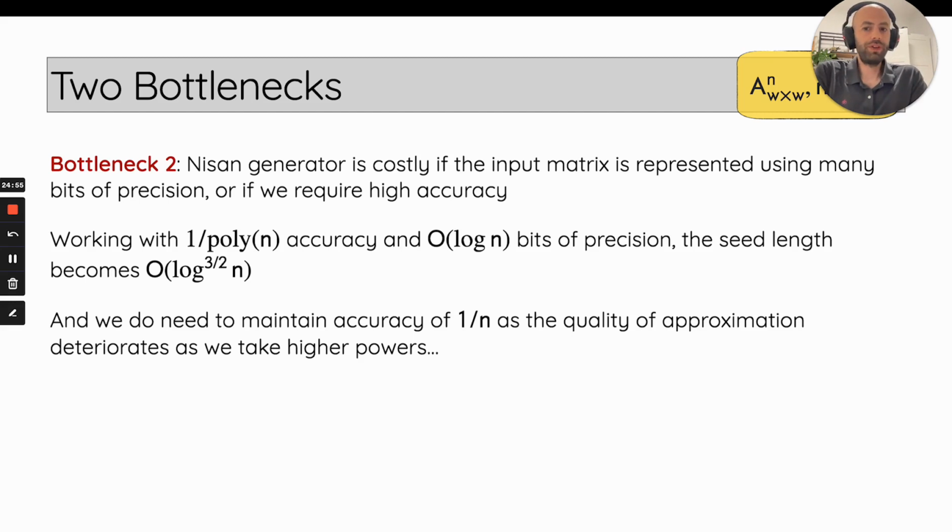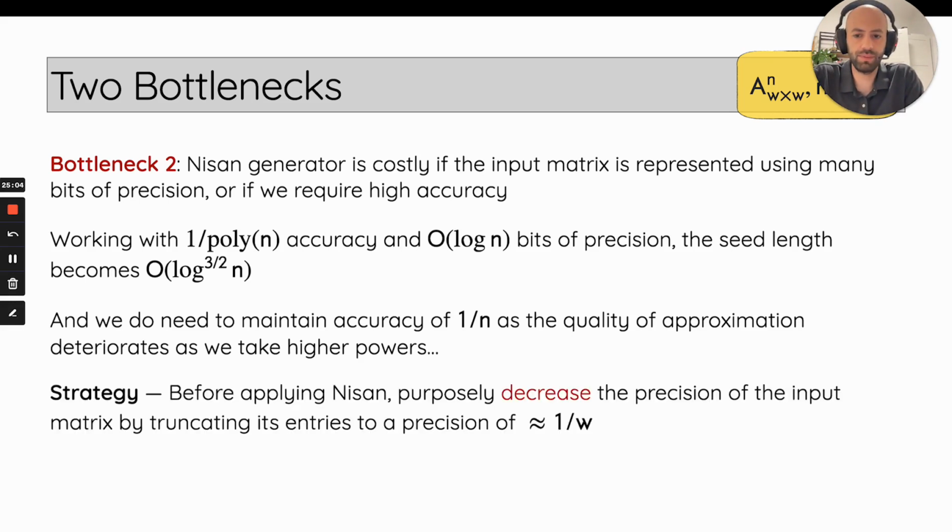But we do need to maintain accuracy of 1 over n, because the quality of the approximation deteriorates as we take higher powers.